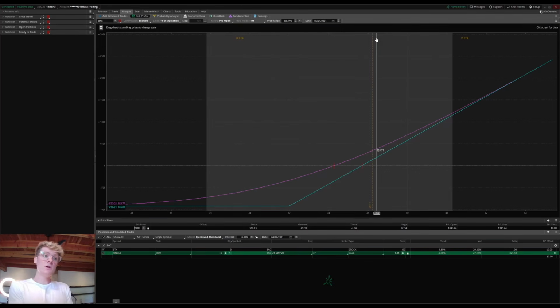So you can start calculating: I'm risking the total position size, 5 contracts at $184 a contract. Say you have a $920 position size.